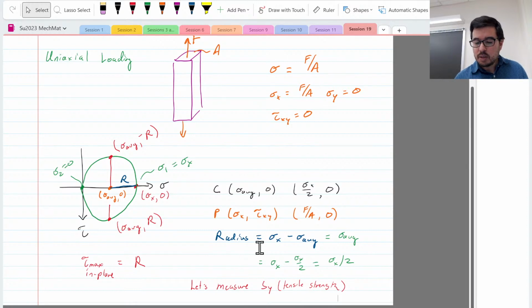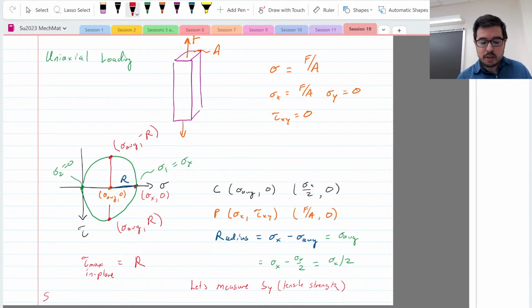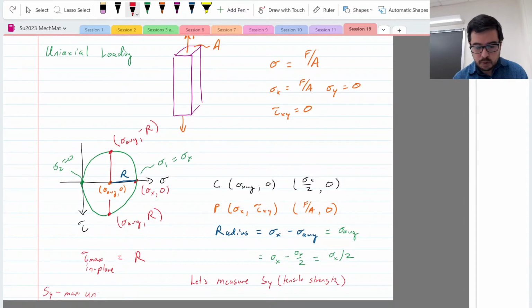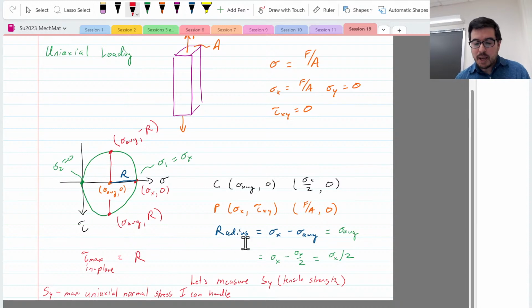So let's measure SY. SY is the maximum uniaxial normal stress I can handle. So that would be my maximum sigma x. That'd be out here.